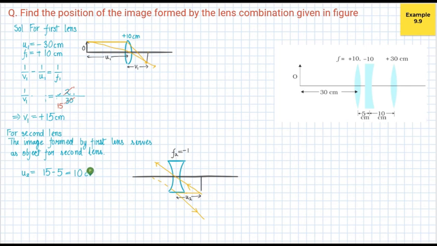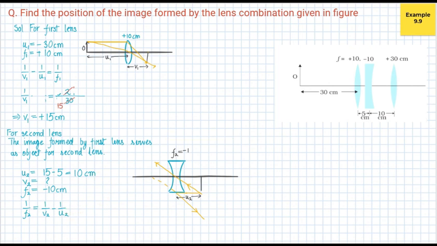And we have to calculate the image formed by the second lens. The focal length f2 equals minus 10 centimeter. Now again, by using the thin lens formula, 1 upon f2 equals 1 upon v2 minus 1 by u2. Substitute u2, which is plus 10 centimeter, since it is in the direction of the incident light.